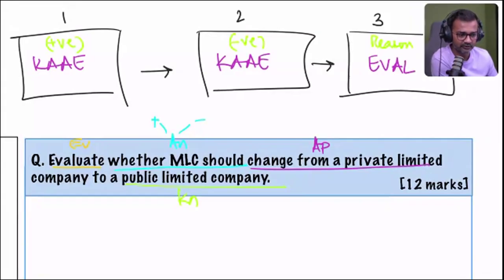So XYZ company should do this, and then the benefits, and then follow that up with a judgment that is this the right thing to do or not. That's coming basically your own understanding of the concept.